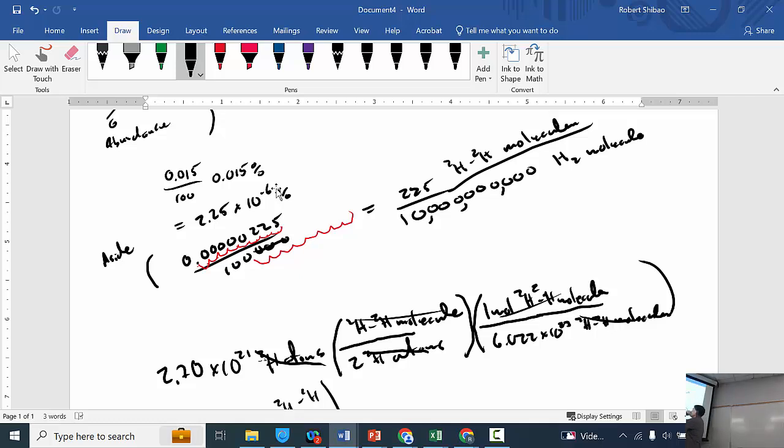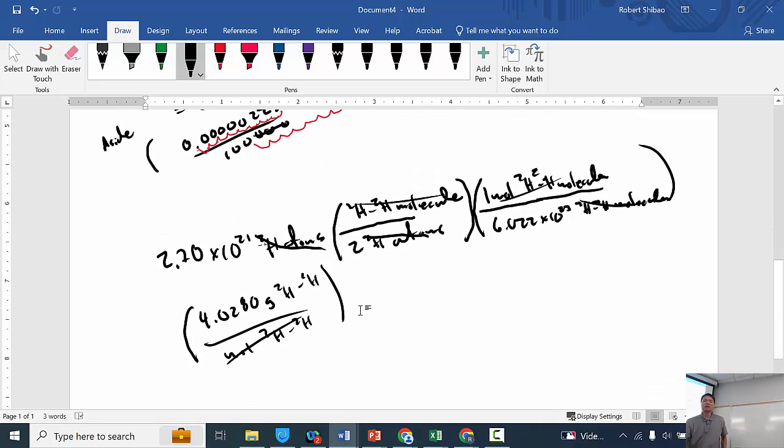And so all we're going to do is, okay, now if I stop here, I know how many H2 molecules. If I stop here, I'll have the moles. Okay, then if I stop here, I'll have the grams.